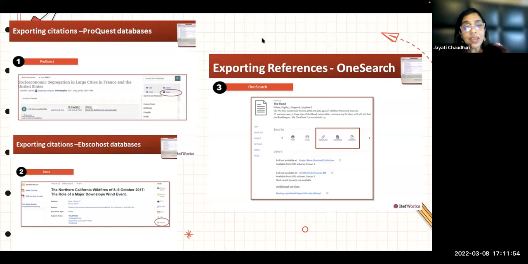For most of the databases, you will see there will be an export option or save option or RefWorks option. So once you find your article or your source, you just need to click on those links to export citation to your RefWorks account, okay? Next slide, please.